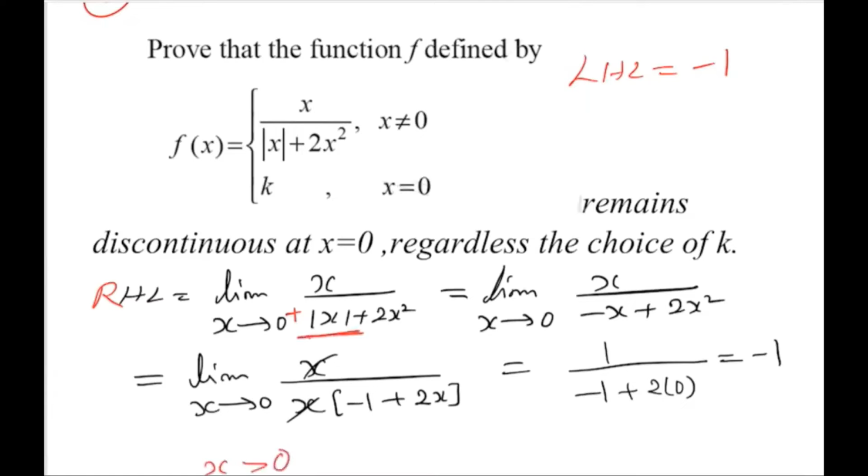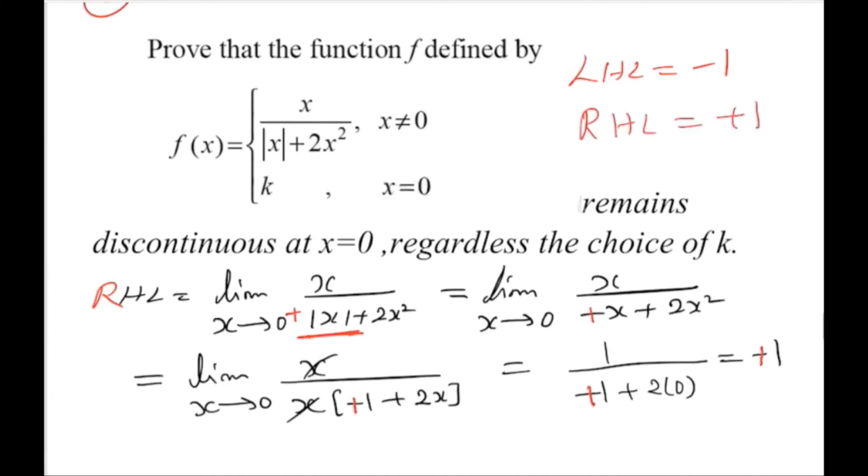So mod x is plus x. Now again taking x common factor, you will get plus 1 plus 2x. So here plus 1 plus 0. That becomes plus 1. So the right-hand limit is plus 1.